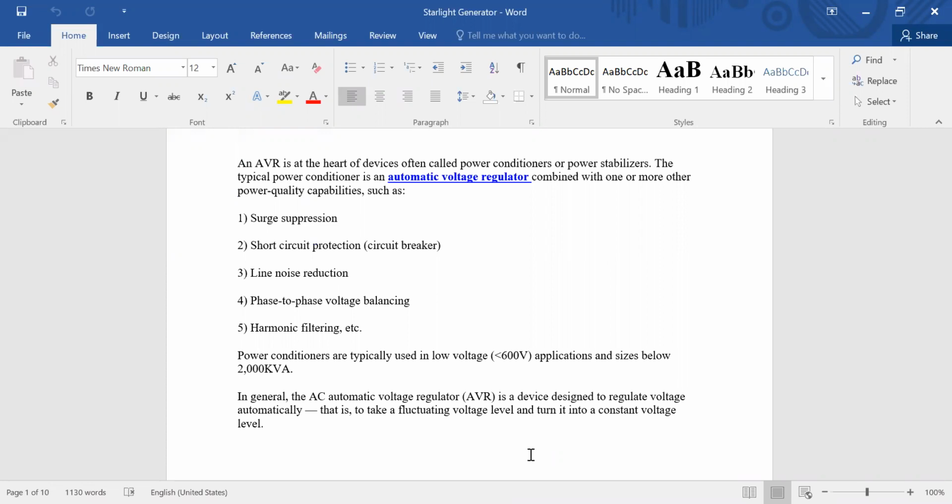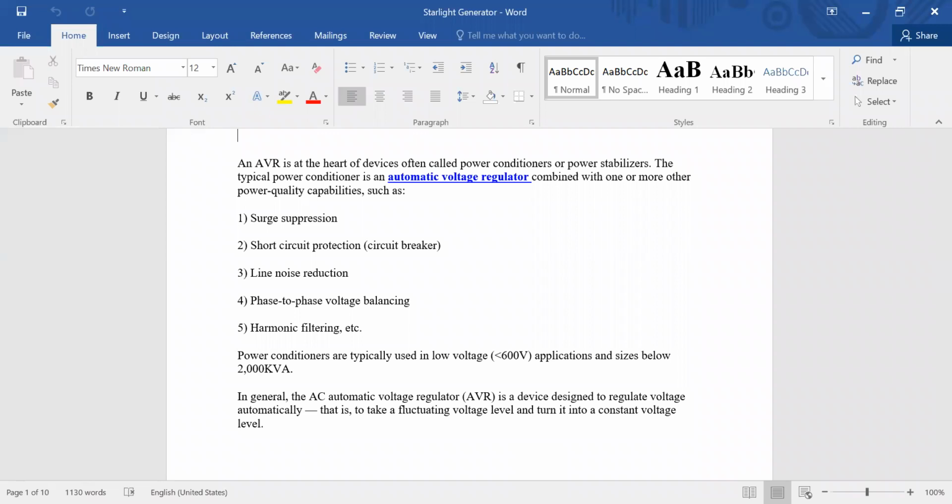We often call it the power conditioner or the power stabilizer. A typical power conditioner, the automatic voltage regulator, combines one or more power quality capabilities like surge suppression or short circuit protection. We provide a circuit breaker, line noise reduction, phase-to-phase voltage balancing, and harmonic filtering.